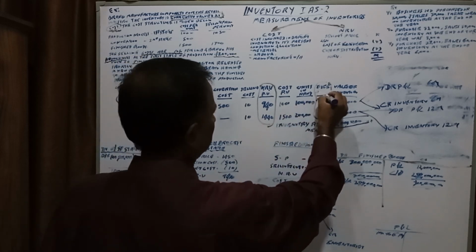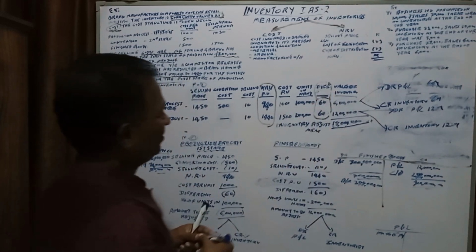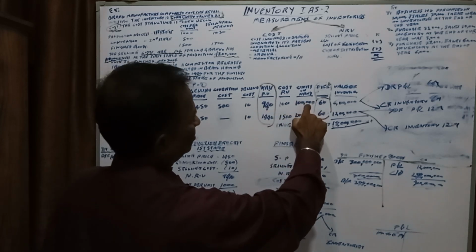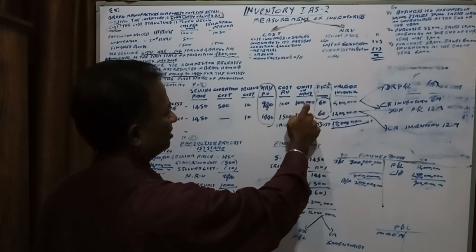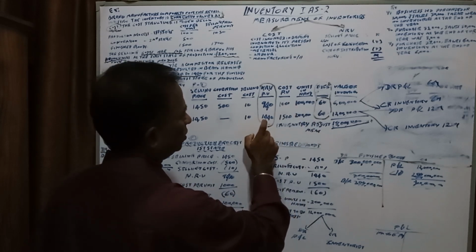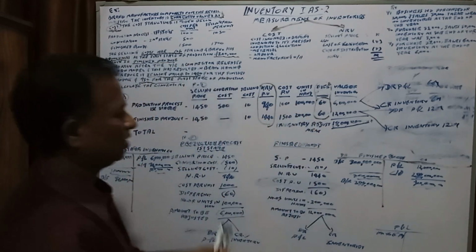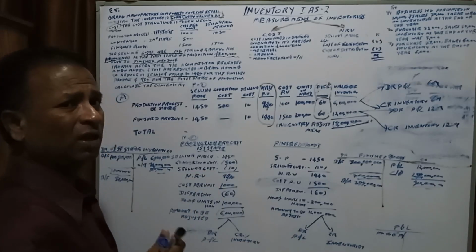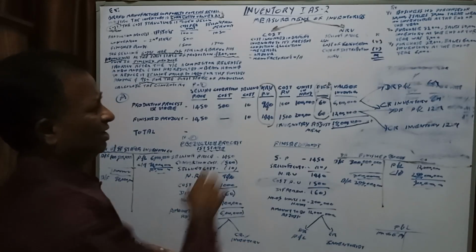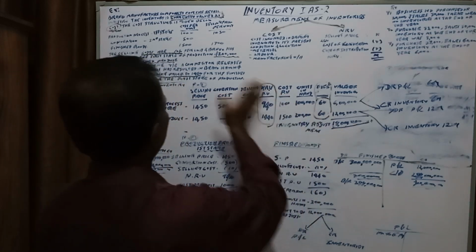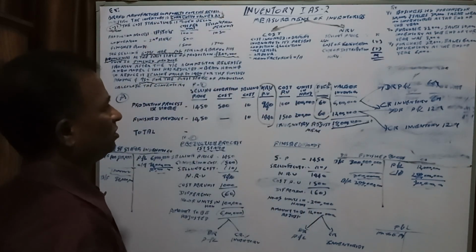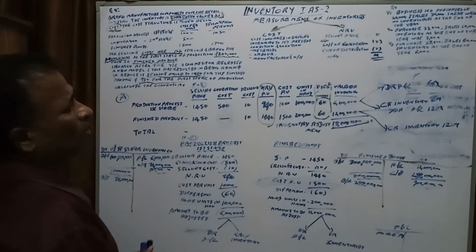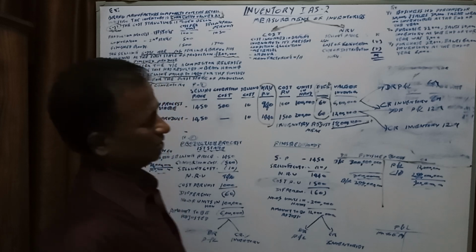Otherwise you had to multiply 940 into 100,000 units, and 1440 into 200 units, then you will arrive directly at the value of the inventory. If they don't mention this, it is mentioned at cost. So this is the way of percentage.